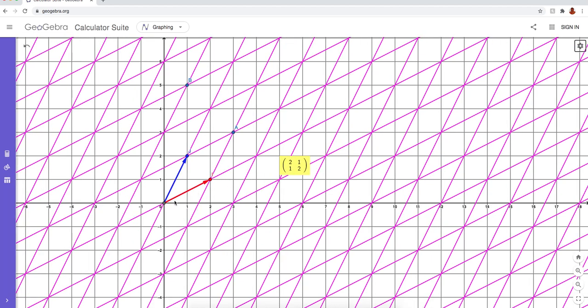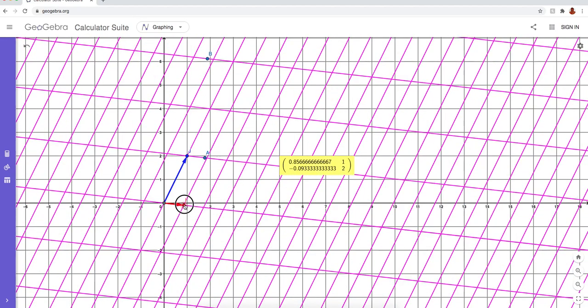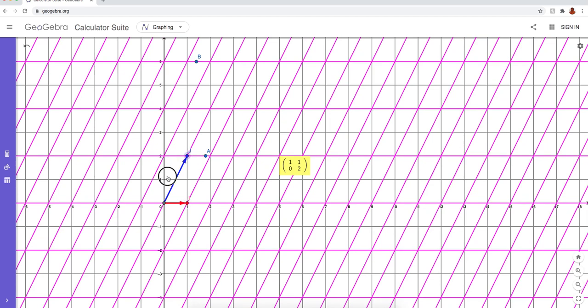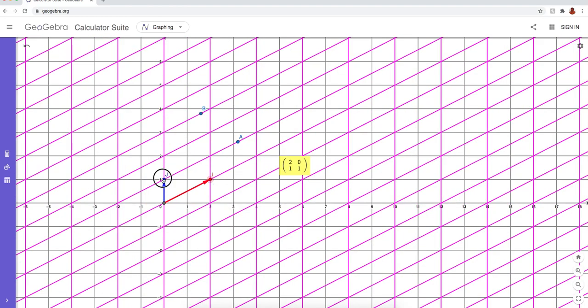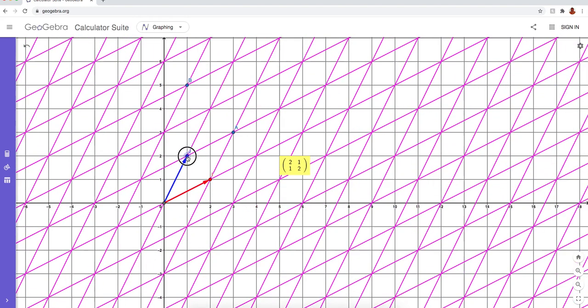So our answer, if we go back to what i hat and j hat originally represented, that didn't go the way I wanted it to, but I believe we should have one at 3, 3 and 1, 5. So let me see if I can go back to that. Yeah, so we have 3, 3, and then we have 1, 5.